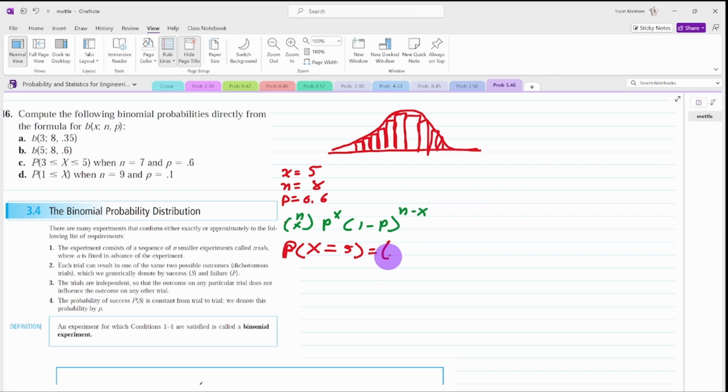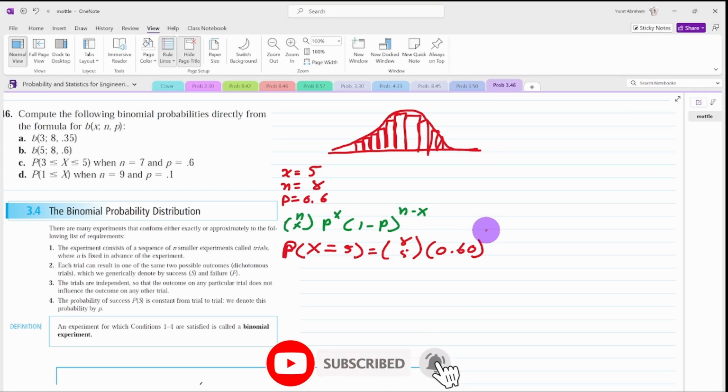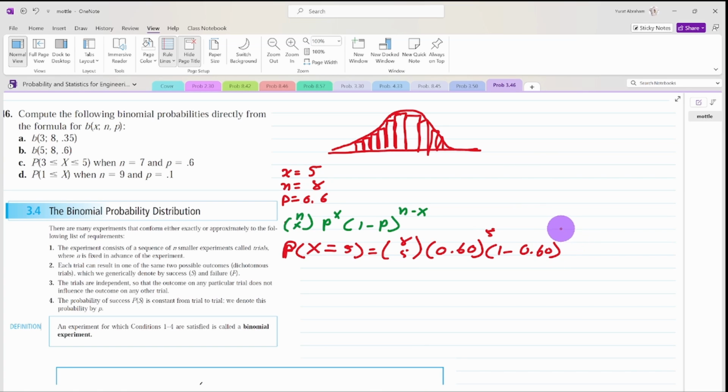Here's where we do this part of the formula, which is the combination 8 choose 5, then 0.60 to the power of 5, then 1 minus 0.60 to the power of 8 minus 5. There it goes.